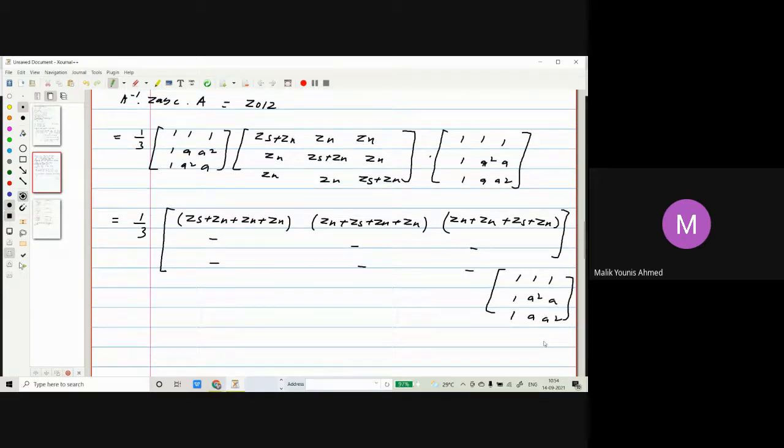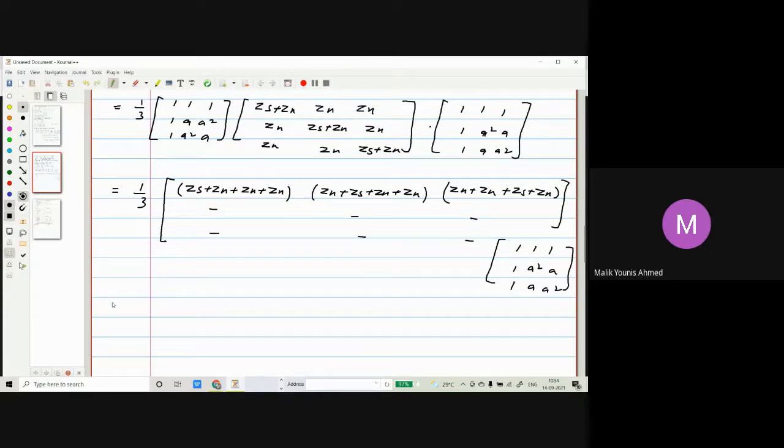Now solving this a bit, with the 1 by 3, the first row will come out to be Zs plus 3Zn, again Zs plus 3Zn, and again Zs plus 3Zn, and then we have this matrix 1 1 1, A square A 1, A square.